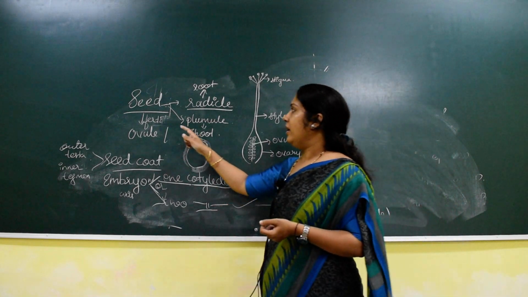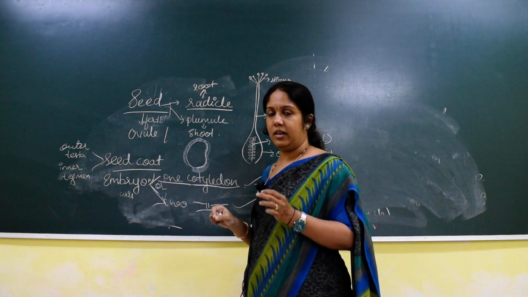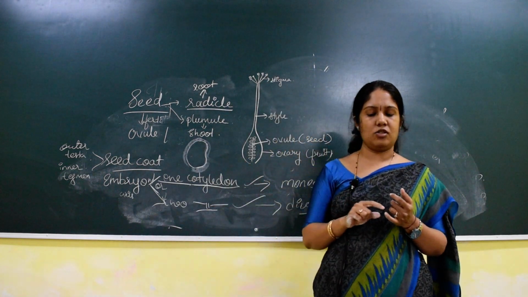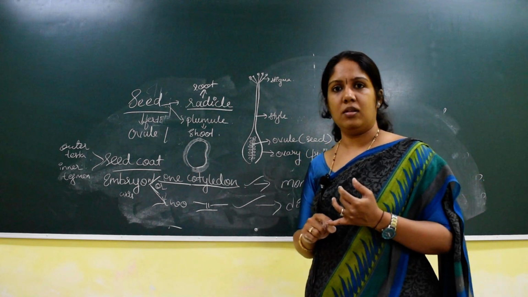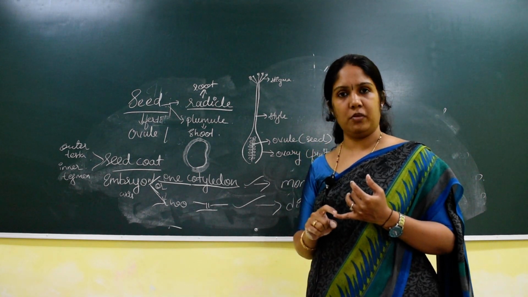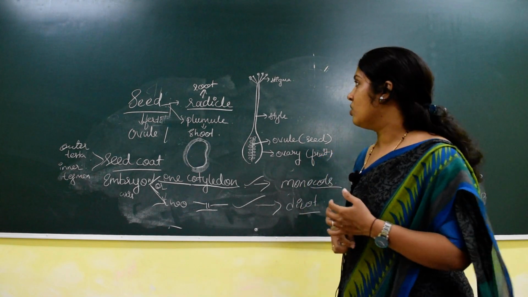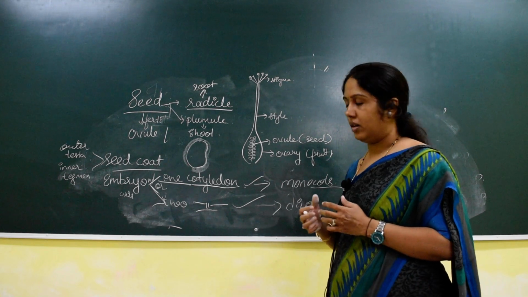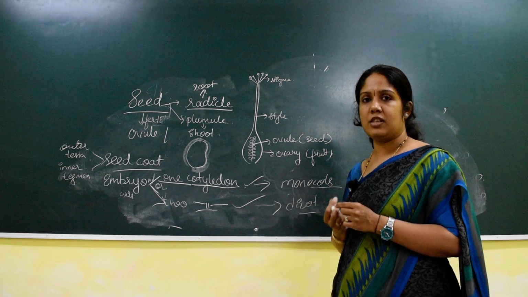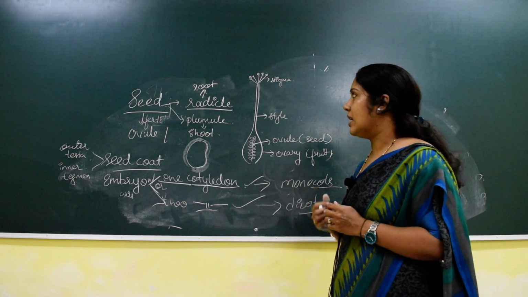So the seed, when it is germinated, has to be provided with a proper water supply, or it has to be in a soaked or wet condition, and it also has to get enough nutrients. After germination begins, the first axis that appears is white in color, and that is called the radicle.